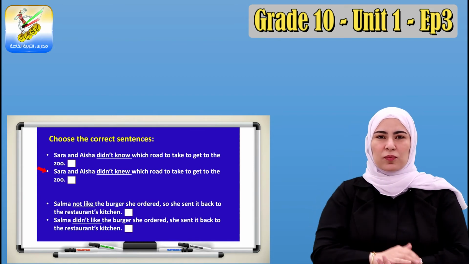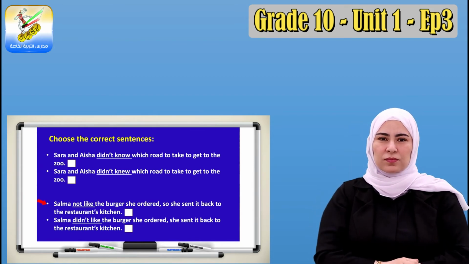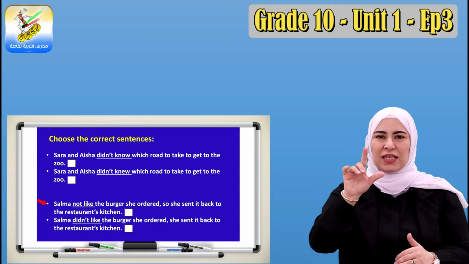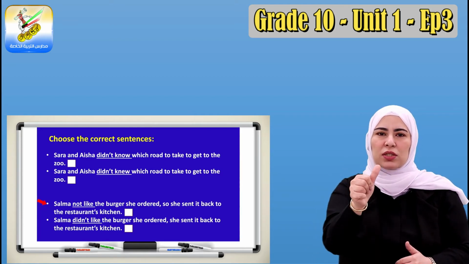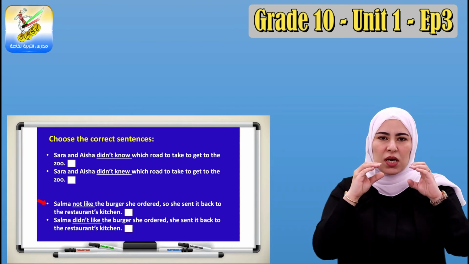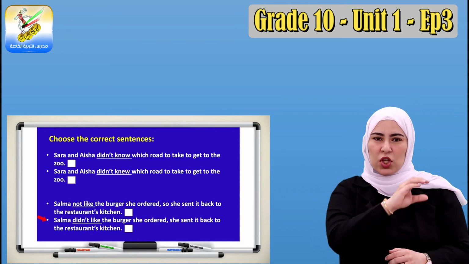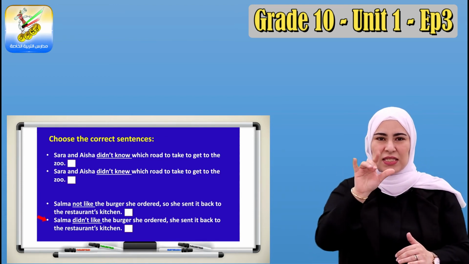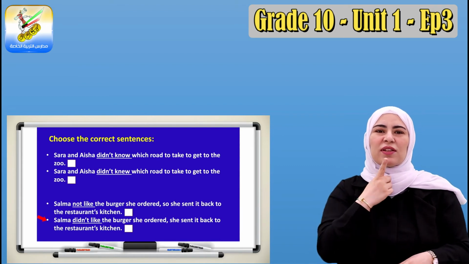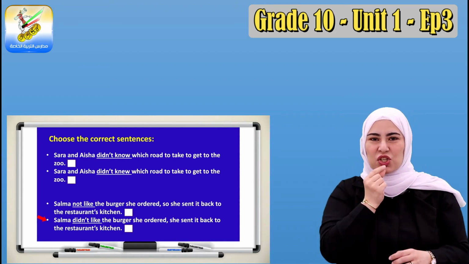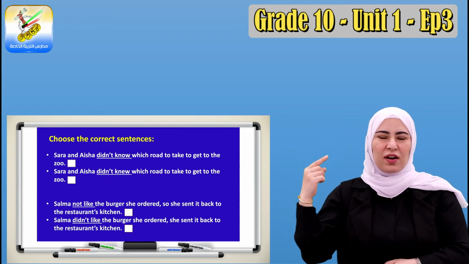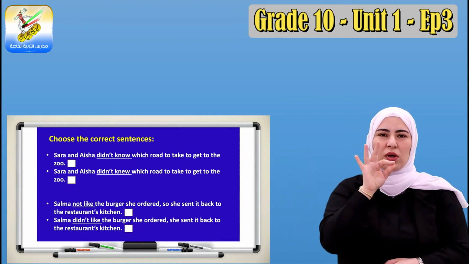What do we call that form? The other sentence is, Selma not like the burger she ordered, so she sent it back to the restaurant's kitchen. Or can we say, Selma didn't like the burger she ordered, she sent it back to the restaurant's kitchen. Now think about those sentences and choose the correct one.